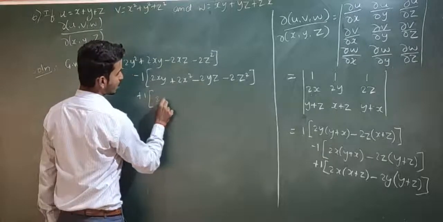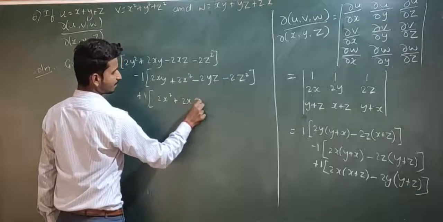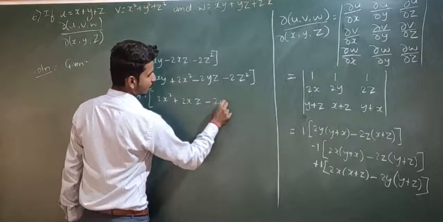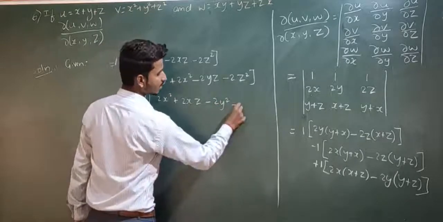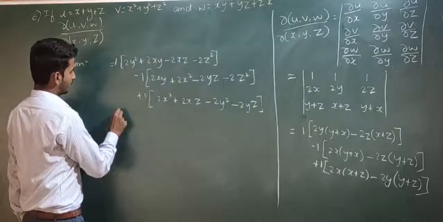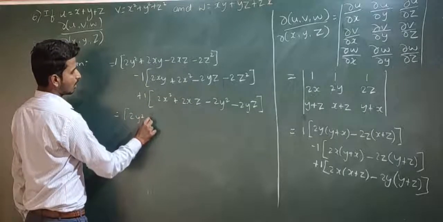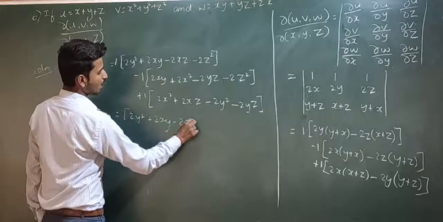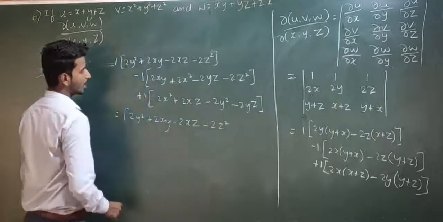2x into x is 2x square, plus 2xz, minus of 2y into y is 2y square. Next, minus into plus is minus 2yz. That is 2y square plus 2xy minus 2xz minus 2z square.